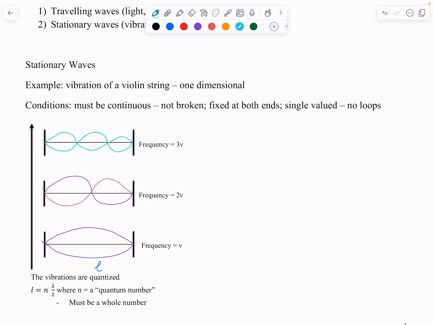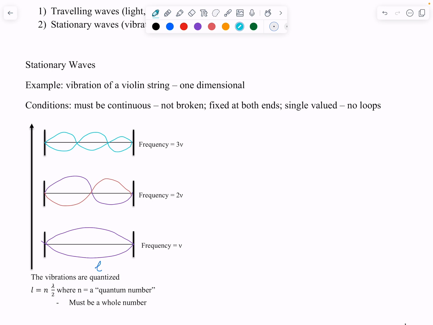But we're talking basic characteristics of waves, and then we're going to talk basic characteristics of particles, and then we're going to go on from there. This quantum number comes into the Schrodinger equation, which we'll get to, and these are whole numbers that represent a physical characteristic of the wave.